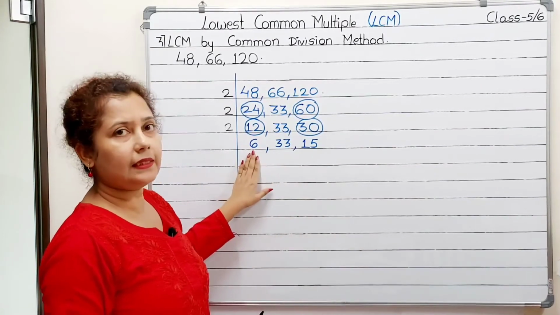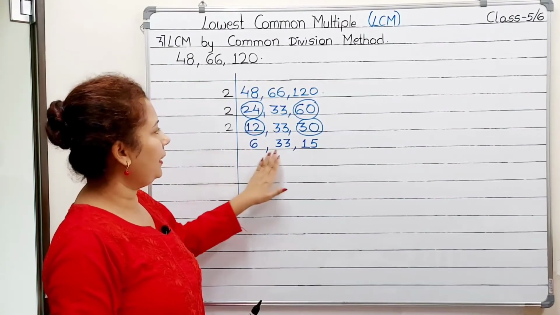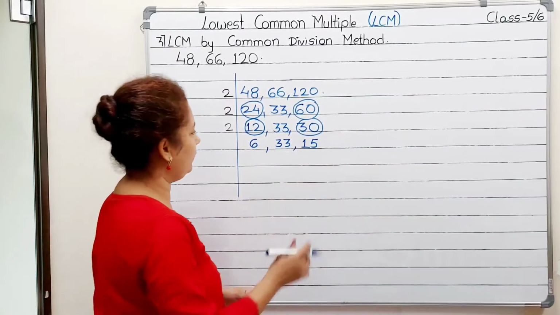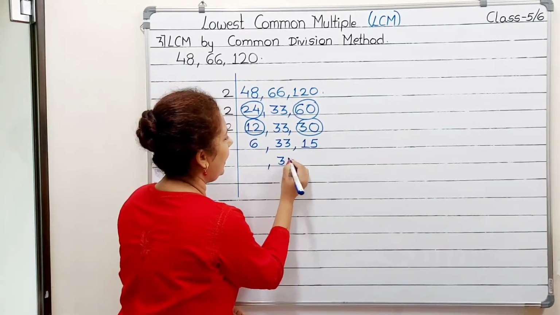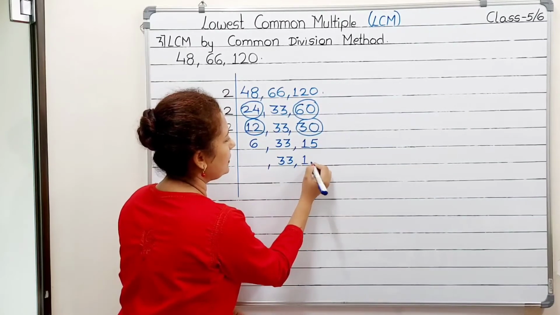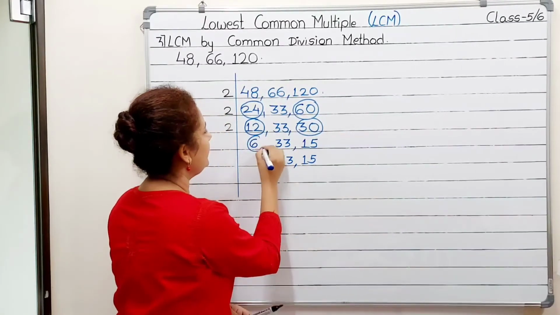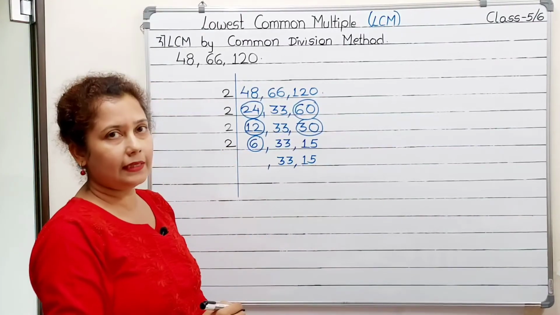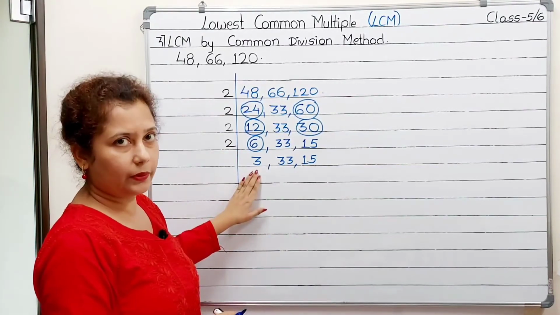Here 6 is divisible by 2, but 33 and 15 are not divisible by 2. So we will write 33 and 15 as it is and we will divide 6 by 2. When we divide 6 by 2, we get 3 as the quotient.